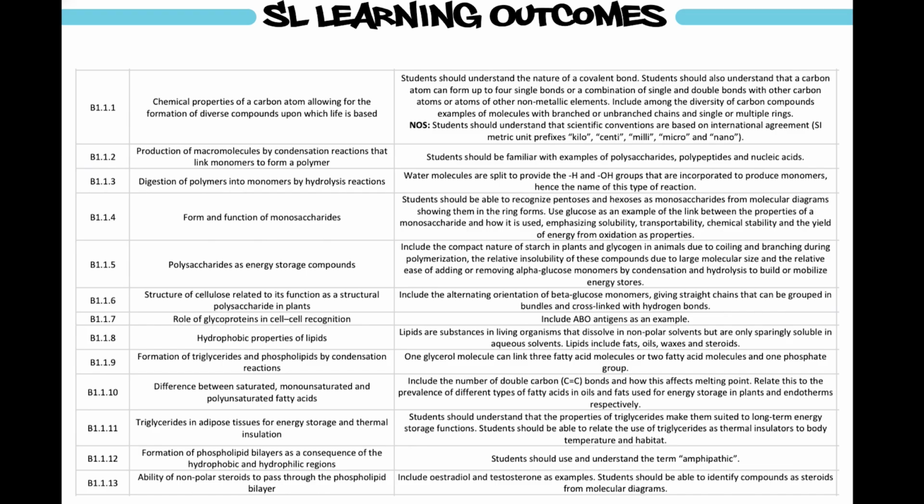And then the fourth polysaccharide that we explored was that of cellulose. And this polysaccharide is not used as an energy storage molecule, but rather as a structural component of plant cell walls. The last learning outcome we explored here was that of glycoproteins and their role in cell-to-cell recognition that allows cells to recognize self from non-self and potentially initiate an immune response.